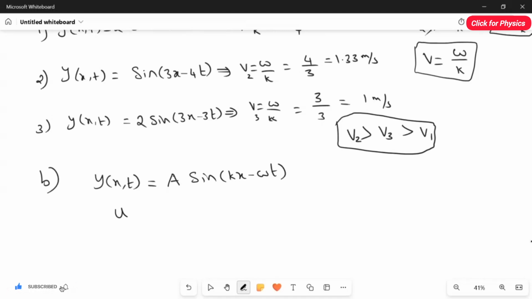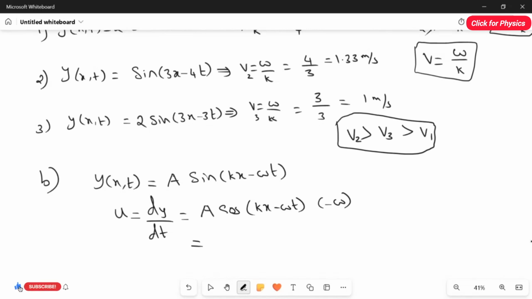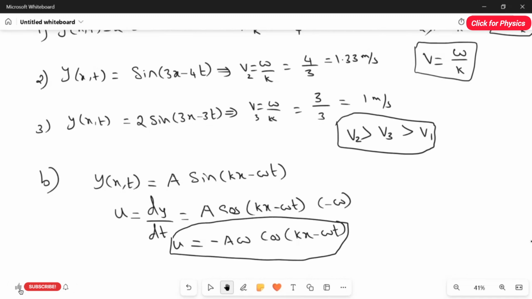When you find the derivative, dy over dt, this becomes a, the amplitude as it is, and then the sine becomes cosine of kx minus omega t. When you find the derivative of this term, you get minus omega, so when you rearrange this equation, minus a omega cosine of kx minus omega t.